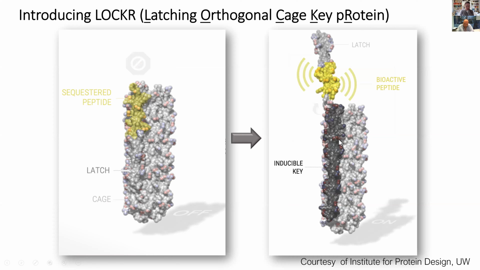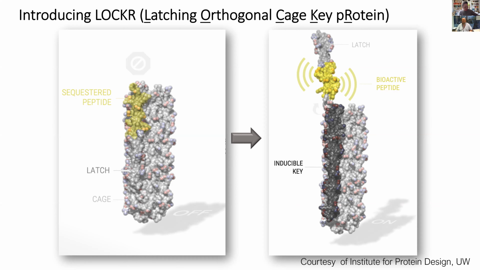And this is the depiction of that. So there's a latch that closes and opens, and the bioactive peptide, and I'm going to tell you in a minute what this bioactive peptide we're using here is, exposed when the latch is open. Now, this latch is open when a genetically encoded key molecule, which is also designed, is presented to the switch. So I will really not dwell on details other than that, because this work is also published.